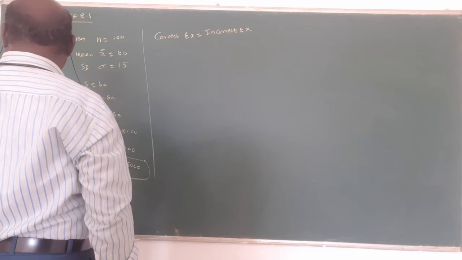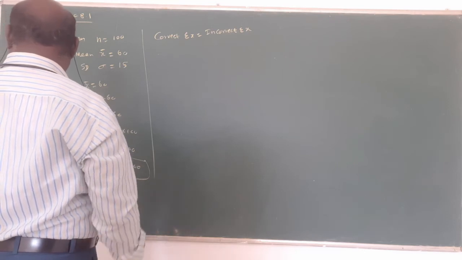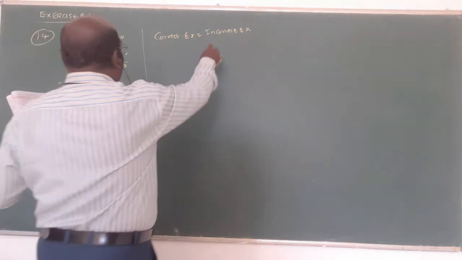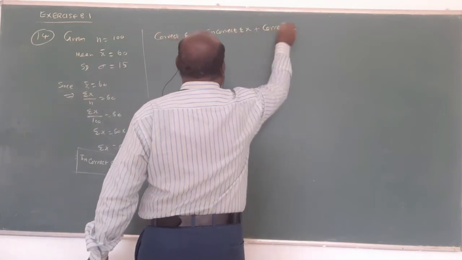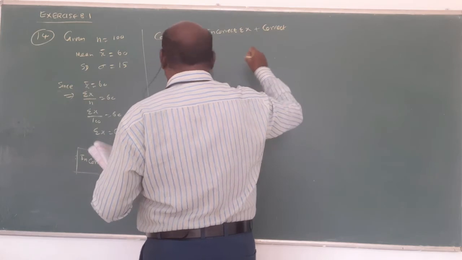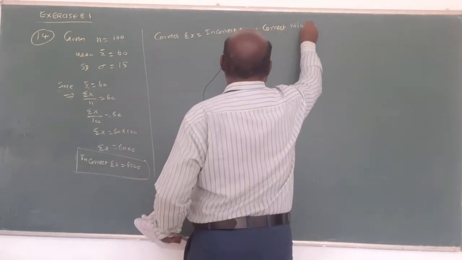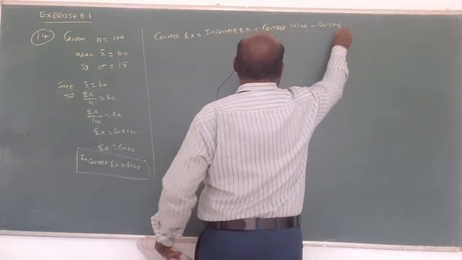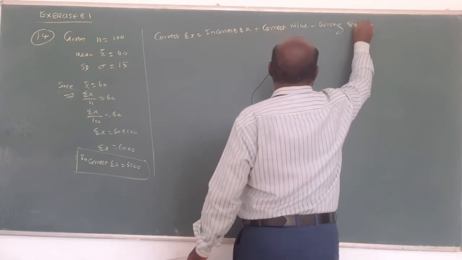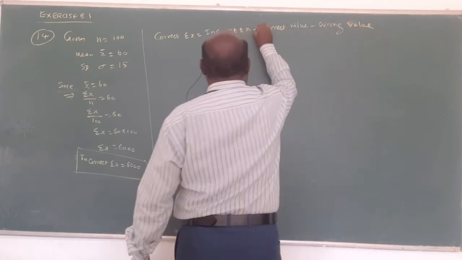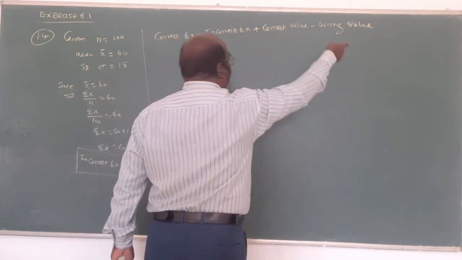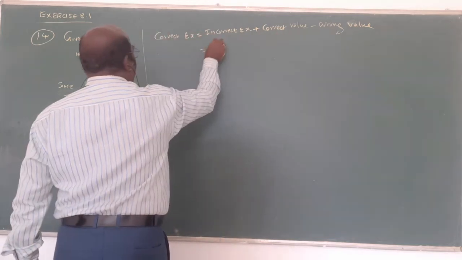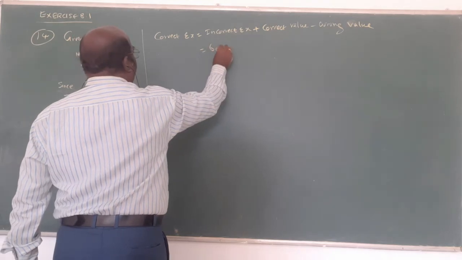So, incorrect total plus correct value minus wrong value. From the incorrect total, you add the correct value and subtract the wrong value. That's called the correct total. Here it was 6000.